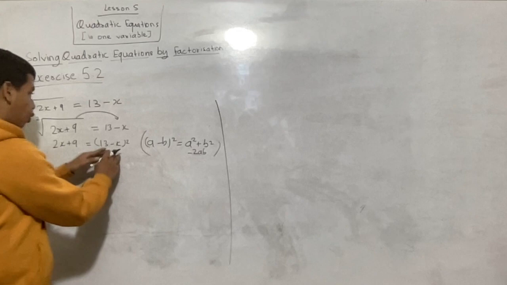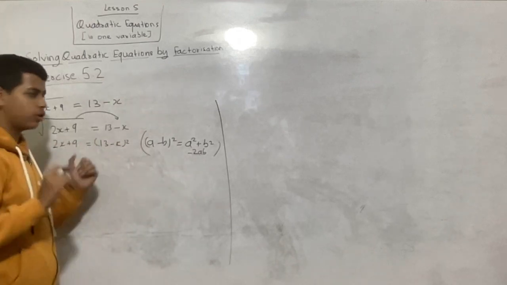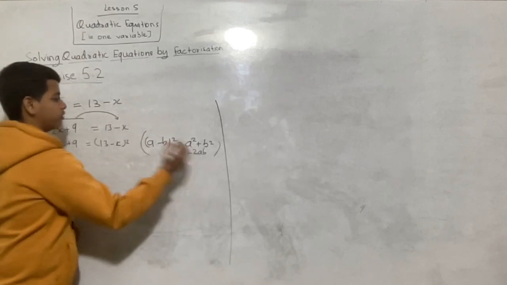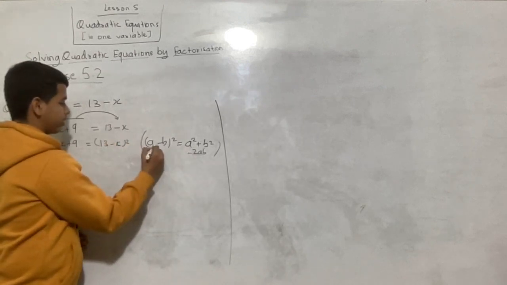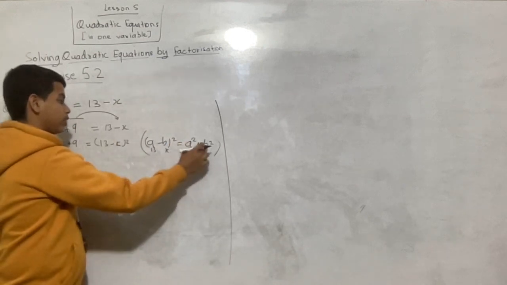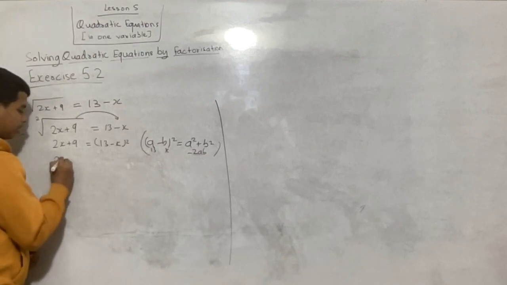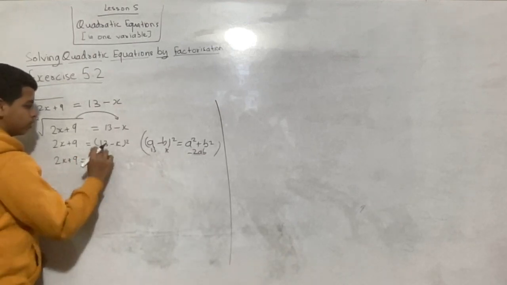So we have to open this up, we have to raise each of these numbers to power 2. So to do this we are going to use this formula. Here a is 13 and b is x. So same way we are just going to replace these values using the formula. Here it will remain the same, 2x plus 9 is equals to now 13.